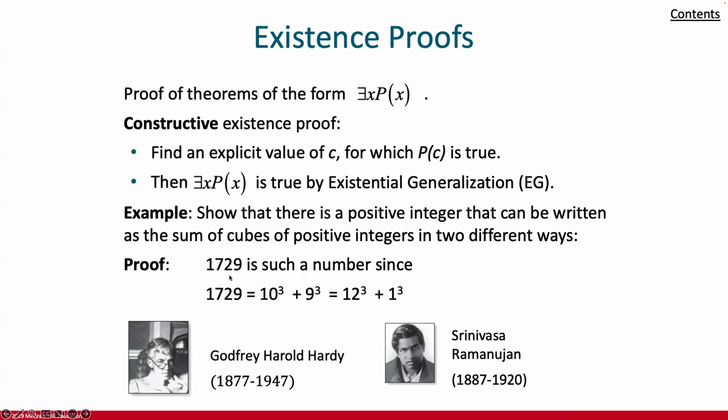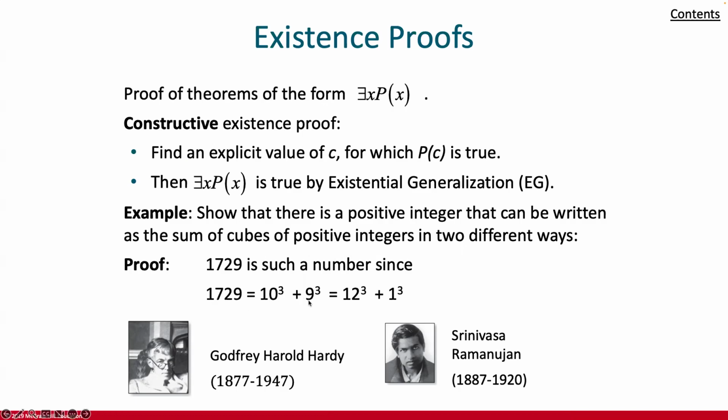One of the things that they played out in this movie was a taxi that had the number 1729, and show that there is a positive integer that can be written as a sum of cubes of positive integers in 2 different ways. And these are the 2 ways that they could be looking at it.